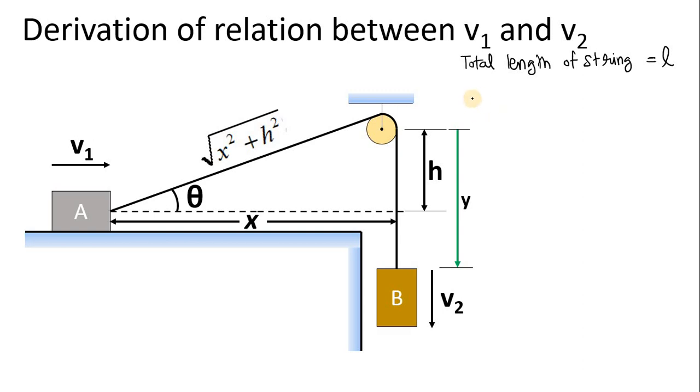From the figure we can clearly see the total length of the string is going to be y plus square root of x square plus h square is equal to L. Then after that, the standard procedure is that we will differentiate this equation with respect to time.